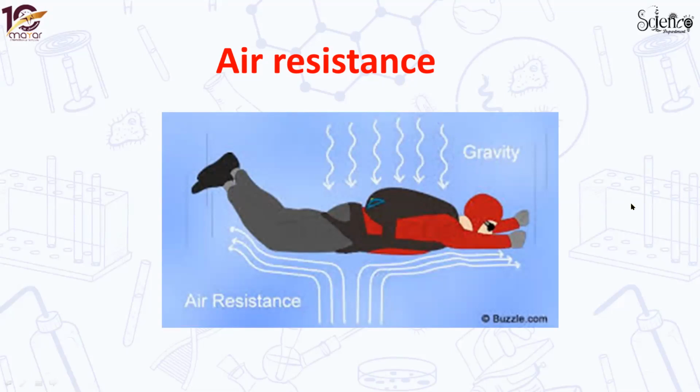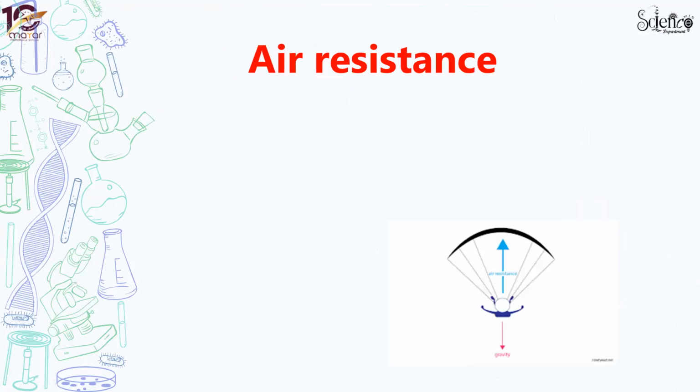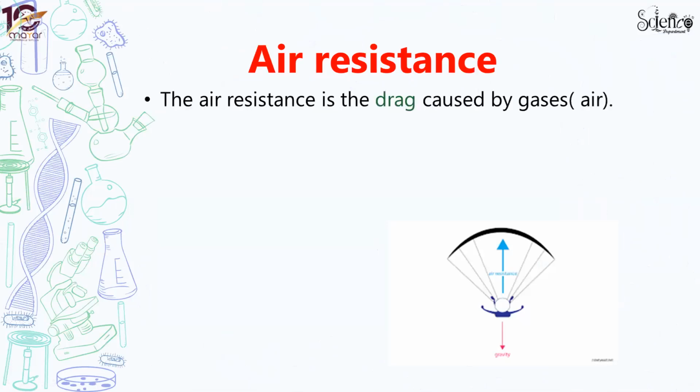It is a force opposing motion. Yeah, and what? But it's only with gases. Amazing, thank you. So, it is a force that opposes motion for objects moving through air or through gases. That's why we call it air resistance. So air resistance is drag caused by gases.